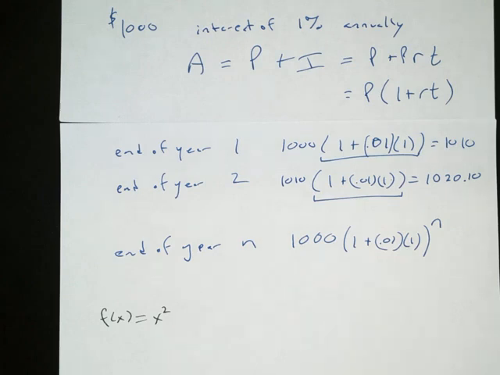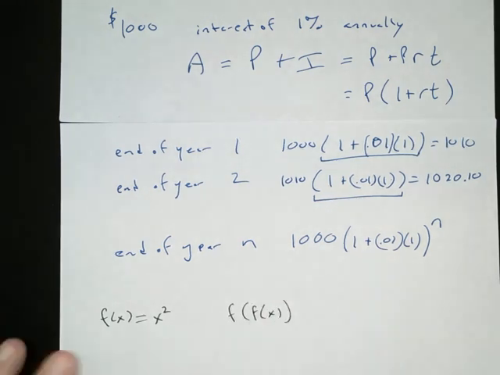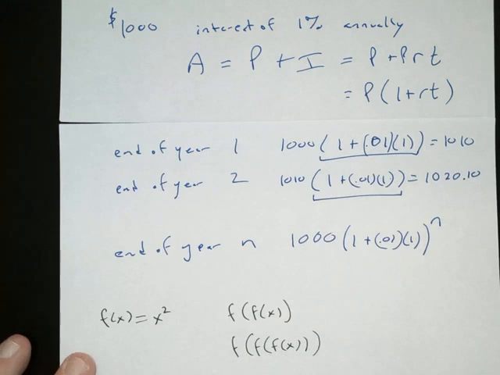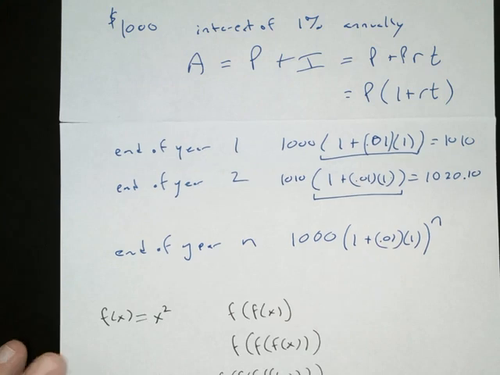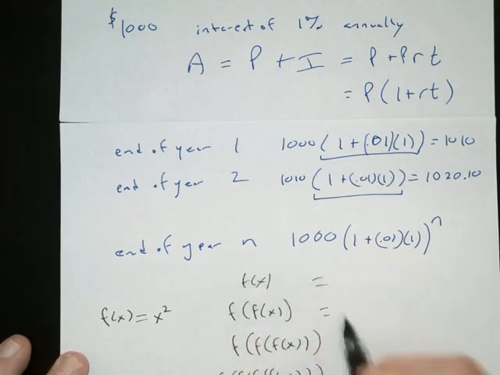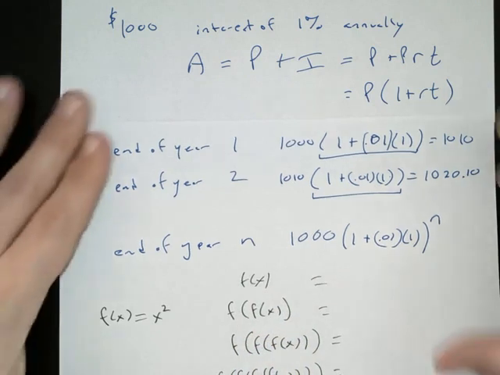So this time, instead of multiplying by the same thing over and over, you're going to apply the function a second time. You're going to apply the function a third time and a fourth time. I want to know what happens based on your number. So somebody give me a number.